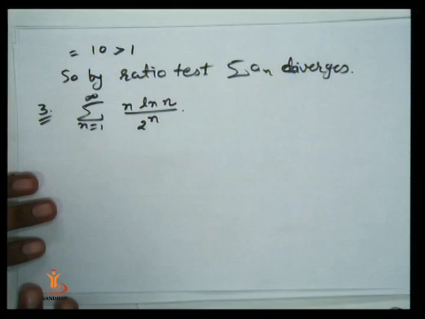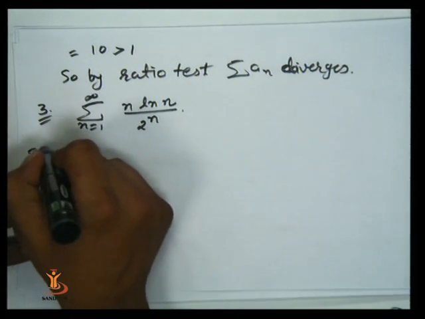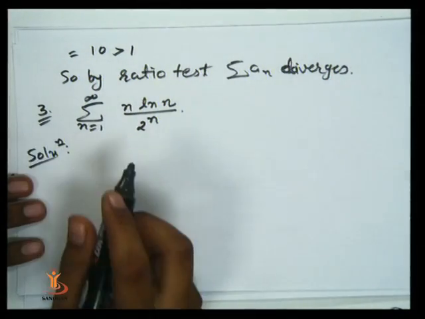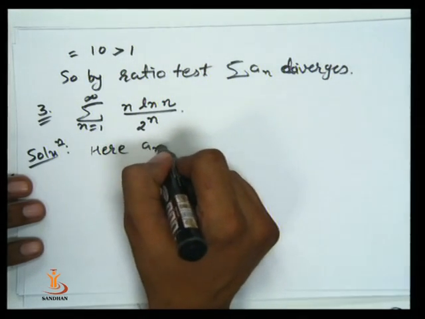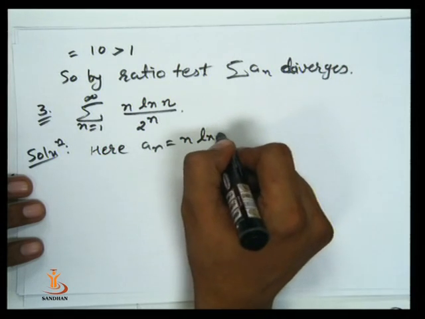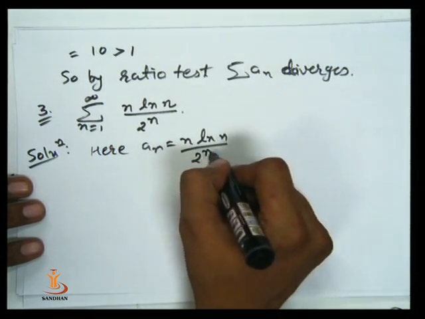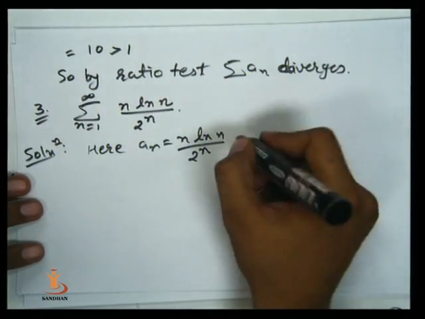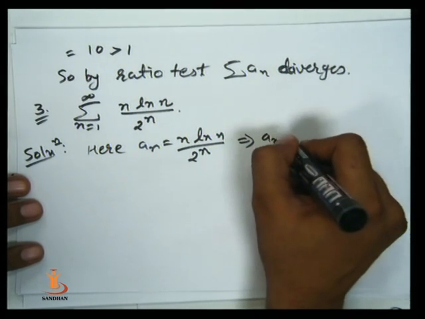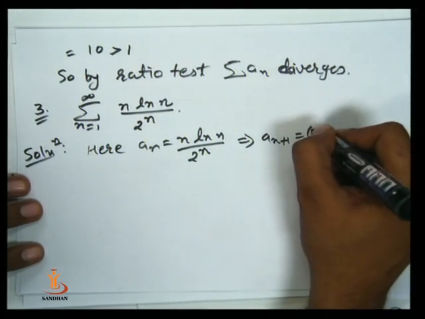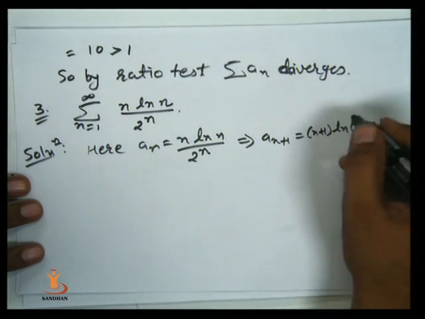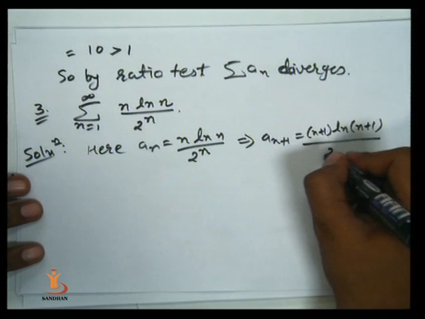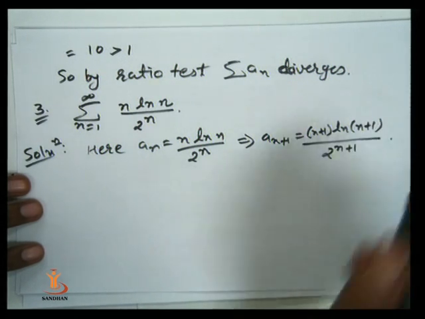So here we have a_n as n times ln n upon 2 raised to n. Now from that, a_{n+1} will be (n plus 1) ln(n plus 1) divided by 2 raised to n plus 1.